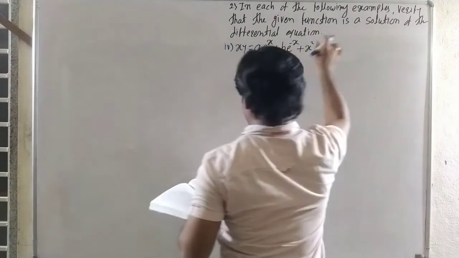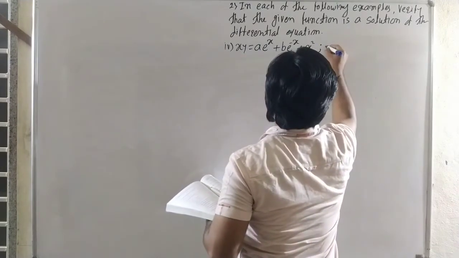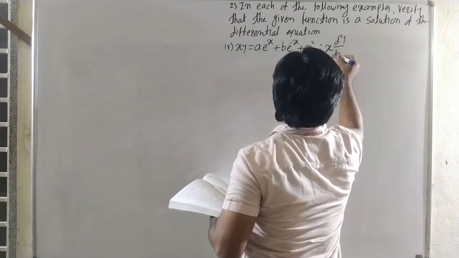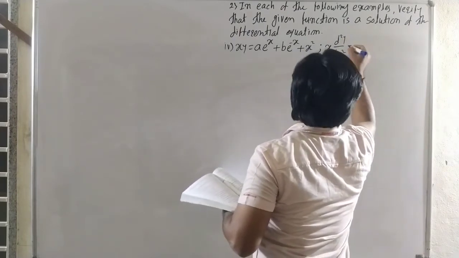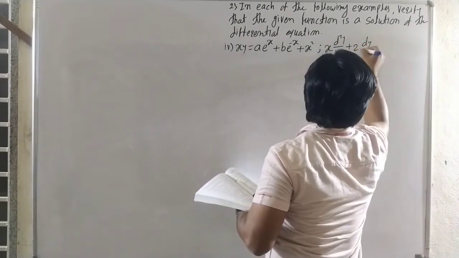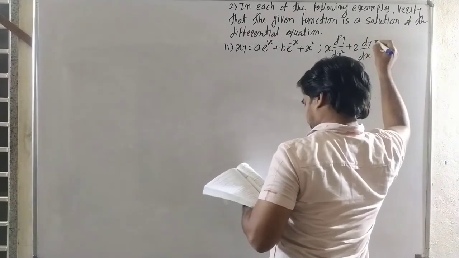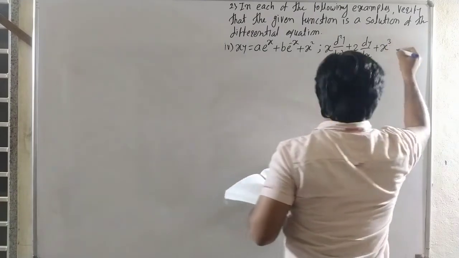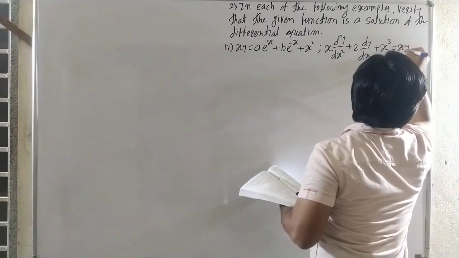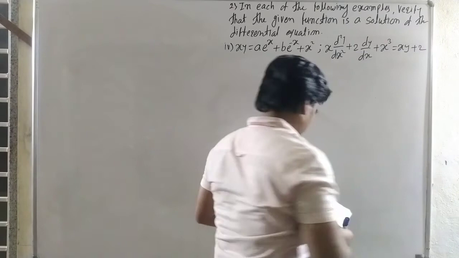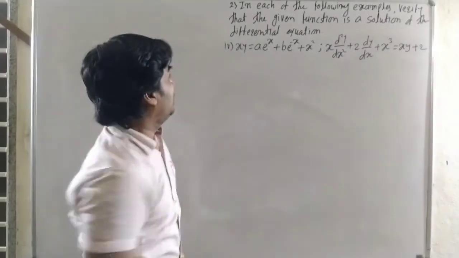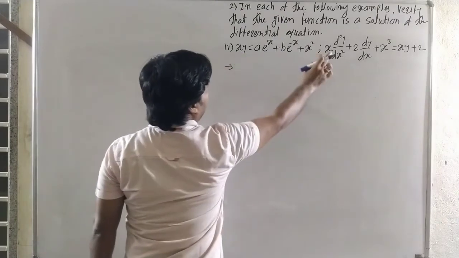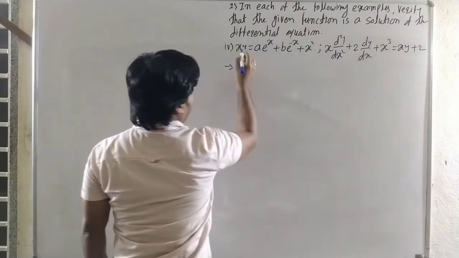We verify it is the solution of the differential equation x d2y by dx2 plus 2 dy by dx plus x cube is equal to xy plus 2. Now here it is a given solution. We verify this is the solution of this differential equation.